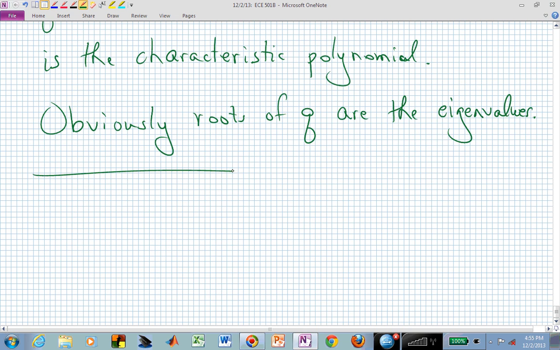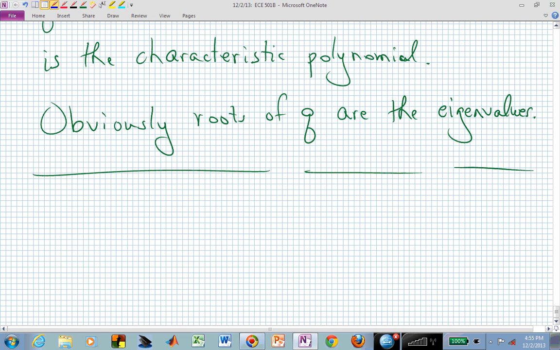So that's what we mean by the characteristic polynomial. That's how you would build it up. You would find the multiplicity of all these eigenvalues, and then you could create this polynomial.